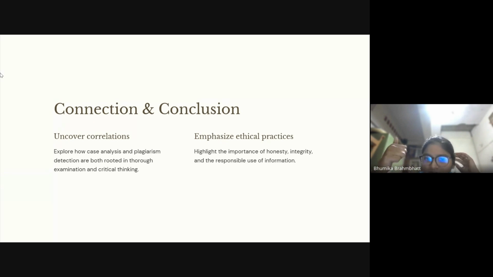And be honest. That is an important policy, not only for the profession but for personal life, whatever you are. Be honest, be responsible to use particular information sources doing case analysis, be accurate. That will lead to all these qualities, okay?